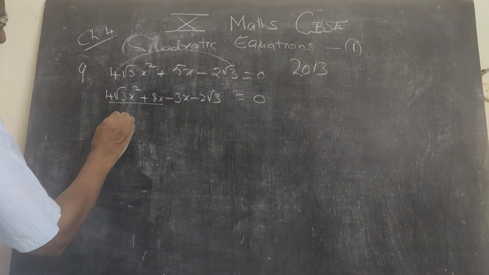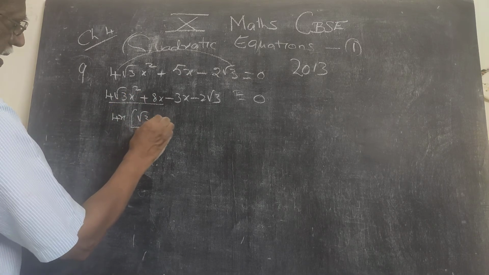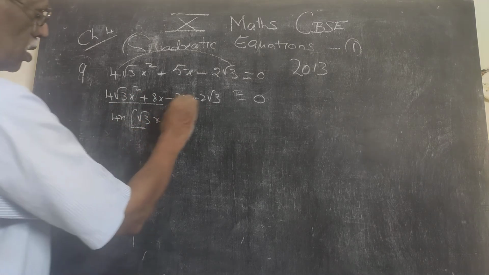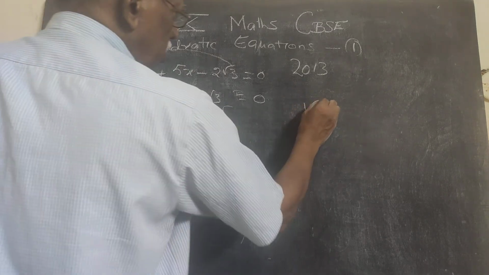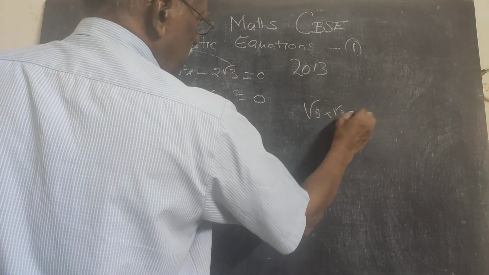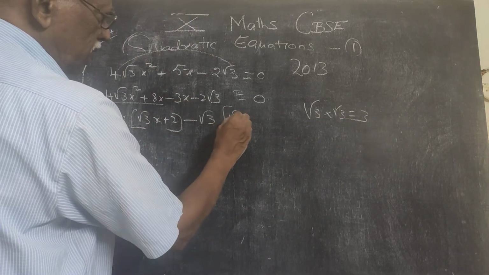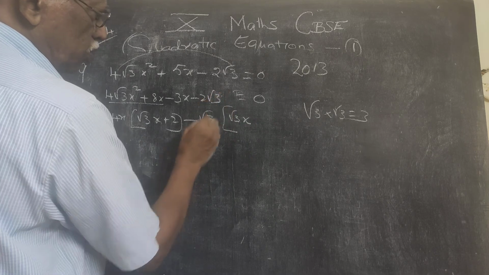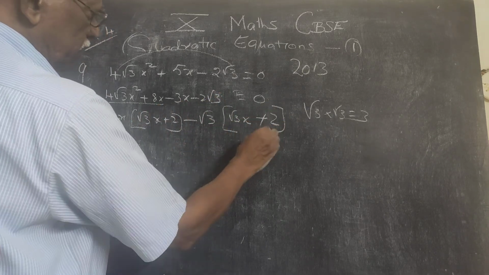From here you take 4x, and the left out is √3 x plus 2. Out of the other two terms, you take out √3, because √3 into √3 is 3. So when you are taking minus √3, one √3 will be left out. Since you have already taken the minus, therefore here plus.